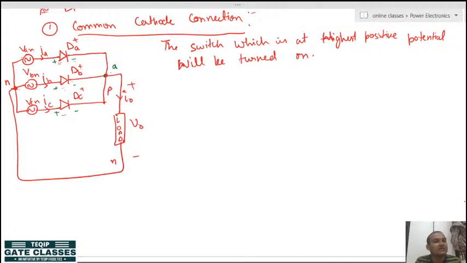The potential across diode DC is CA. So which diode will be the next to conduct? That will be decided by which line voltage is most positive. Let me draw a table here which will make you understand very clearly.